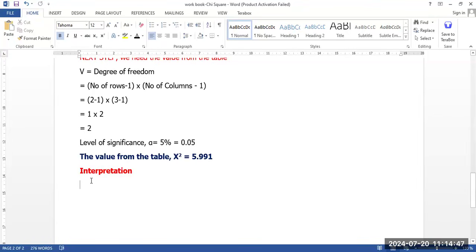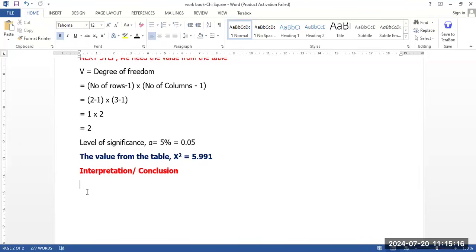So how are you going to interpret, or how are you going to make the conclusion? You are going to be comparing two figures. You are going to compare the computed value with what?